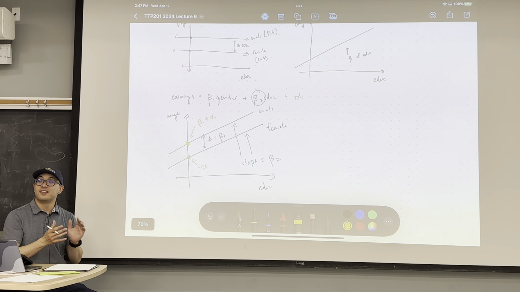And the equation for this would be beta 1 gender plus beta 2 education plus beta 3 the interaction between our gender and education.